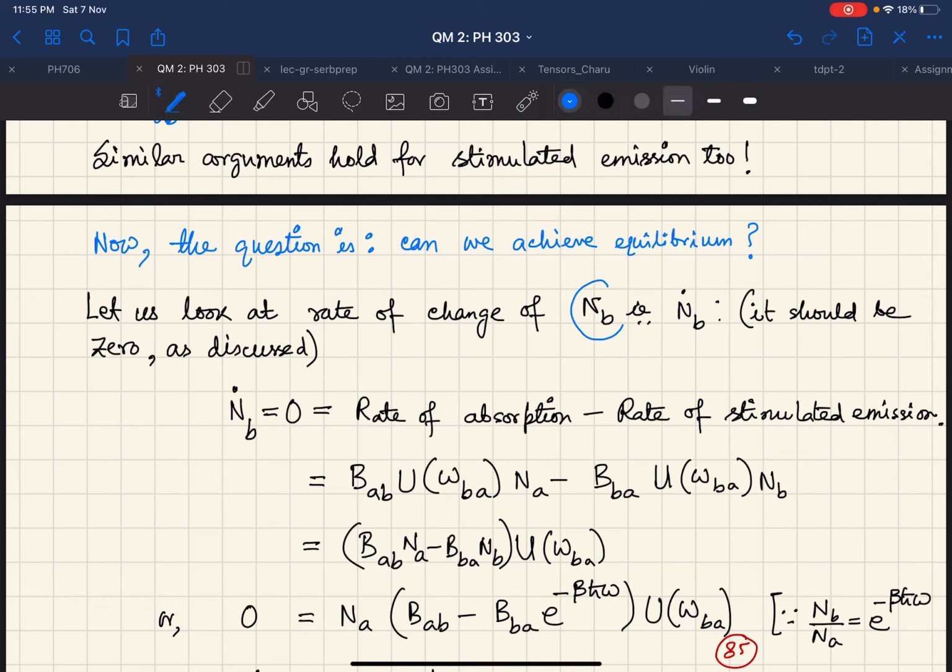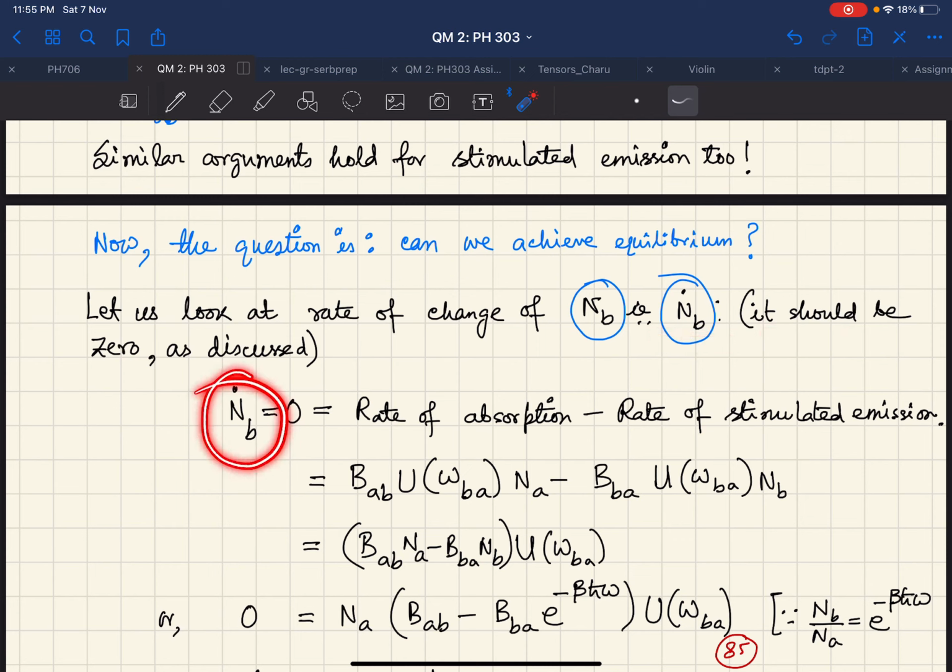Let us look at this change of N_B. That means we should look at N_B dot. And as we have said that there is no change of number of atoms in the equilibrium, I will expect that N_B dot, if evaluated, should actually be 0.